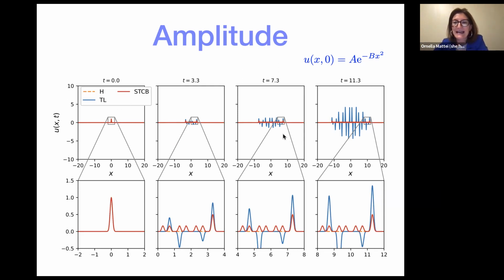So what you see is that as time goes by, as expected, the overall amplitude in the time laminate will increase exponentially in time, whereas the solution in the space-time checkerboard is constant. So the wavefront will always have the same amplitude, and the oscillations in the wake of the wave will always have the same amplitude.